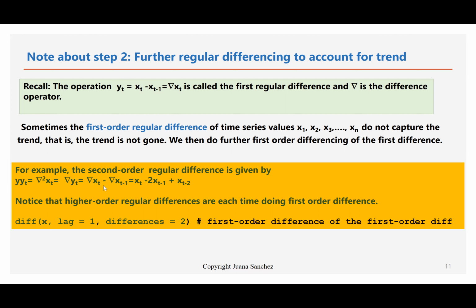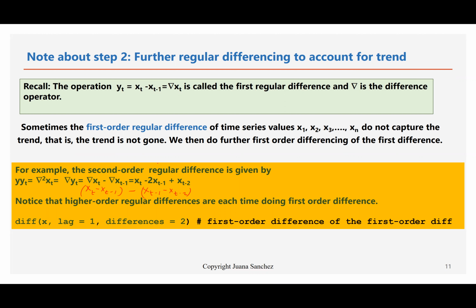Then we have the difference of xt minus the difference of xt minus 1. The difference of xt is xt minus xt minus 1. And the difference of xt minus 1 is xt minus 1 minus xt minus 2. When you solve and put together, you get xt minus 2 xt minus 1 plus xt minus 2.